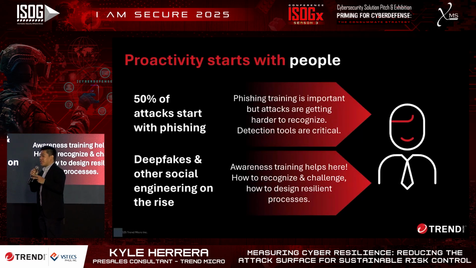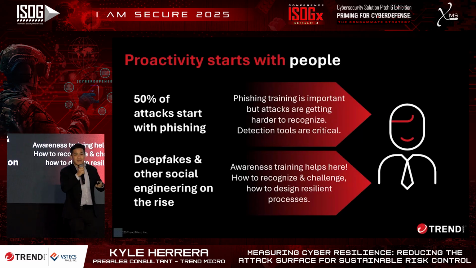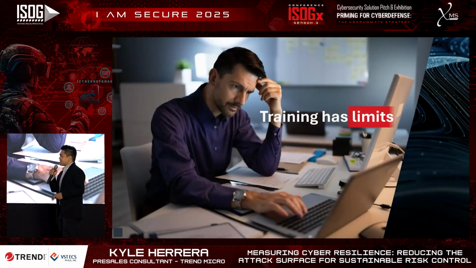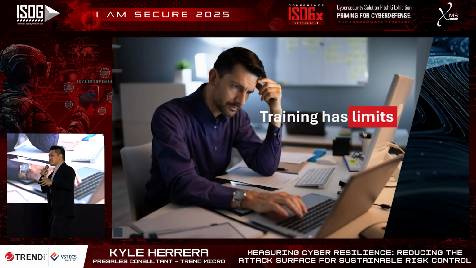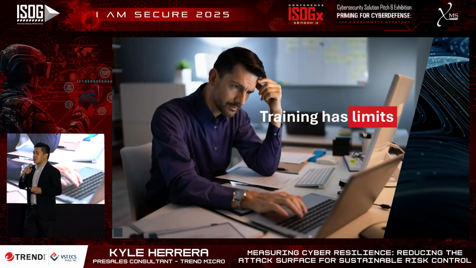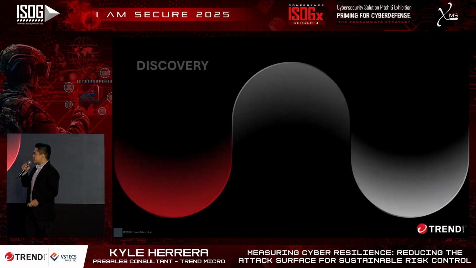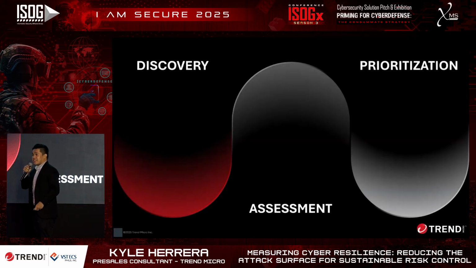And of course, the employees in our companies may be susceptible to attacks. Due to that, training has its limits. So I'm going to introduce three approaches that we can do in proactive security. Our three approaches are discovery, assessment, and prioritization. I'm going to break them down.